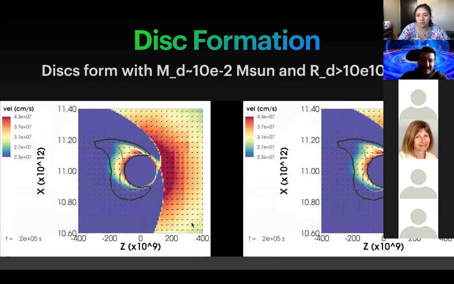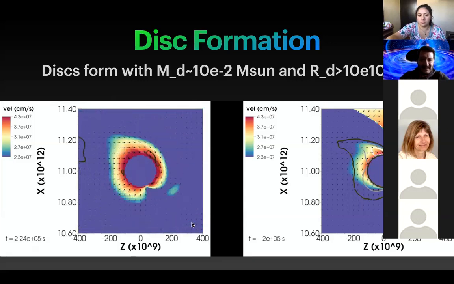The black hole, or the neutron star in this case, would be at the center. And what we're plotting here in different colors are the angular momentum velocities. You can see that if you get to the orange and red regions, you're basically reaching Keplerian velocities at 10^11 centimeters. So let me play this and show you.